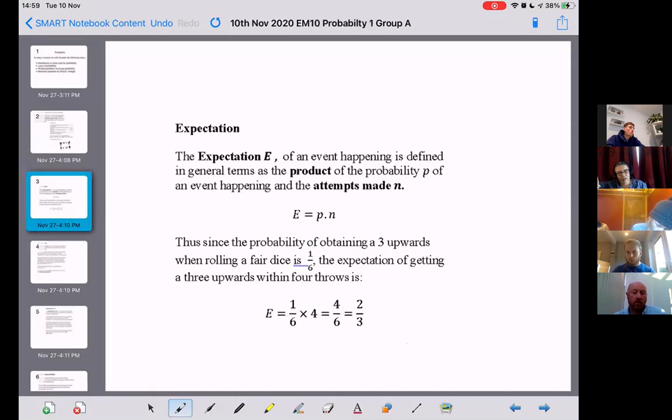Since the probability of obtaining a 3 upwards when rolling a dice is 1/6, the expectation of getting a 3 if we do 4 throws is 1/6 times 4, which is 4/6, which simplifies to 2/3. So if you're going to throw the dice 4 times, the probability that you'll get at least 1 three is 2/3. Everybody happy with that? Good.